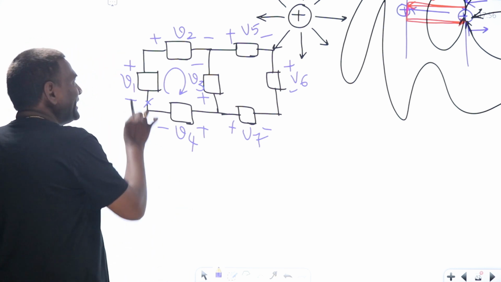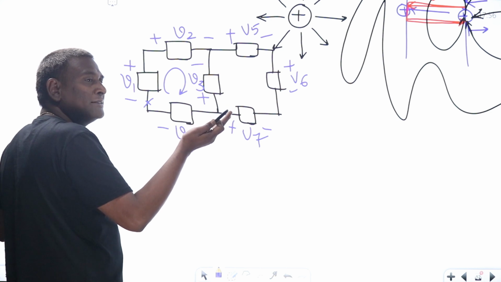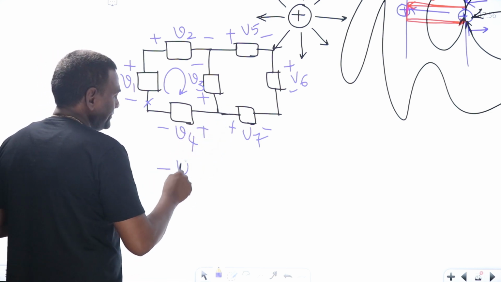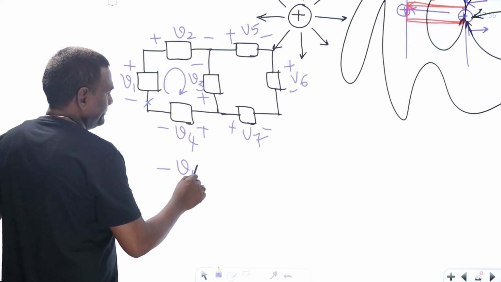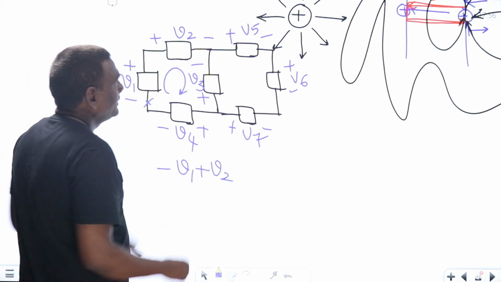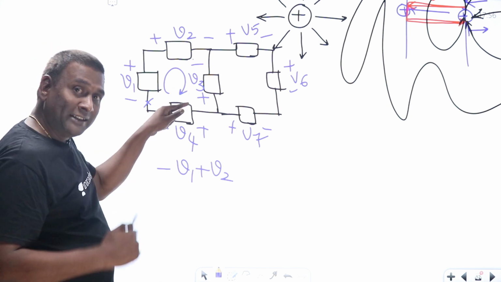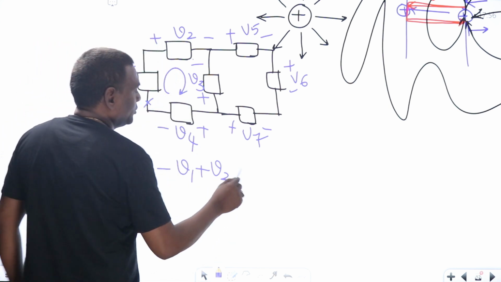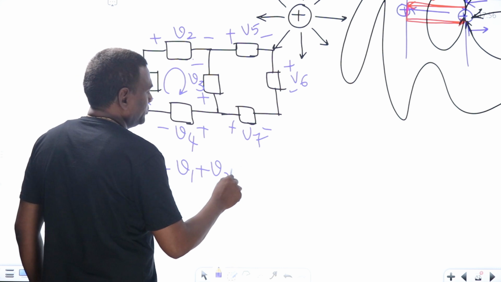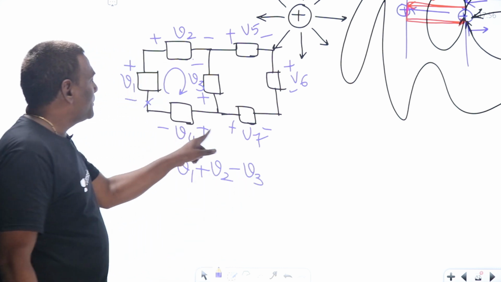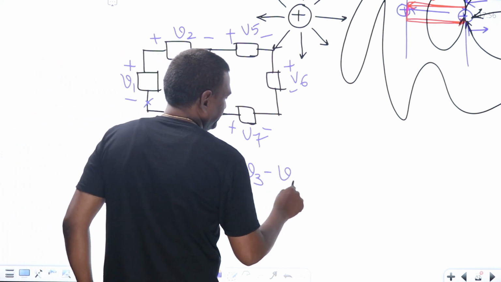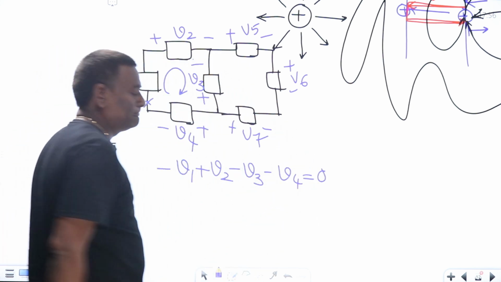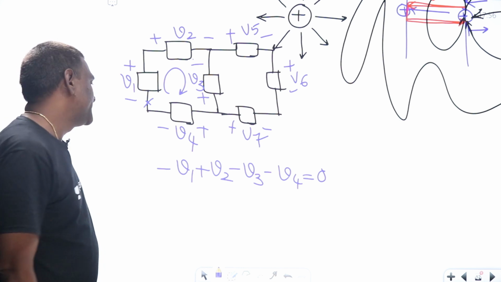Plus to minus is voltage drop only. Minus to plus is voltage rise, but since I thought of taking voltage drops as positive, so minus V3. And plus to minus voltage drop equals 0. Got my point, right?